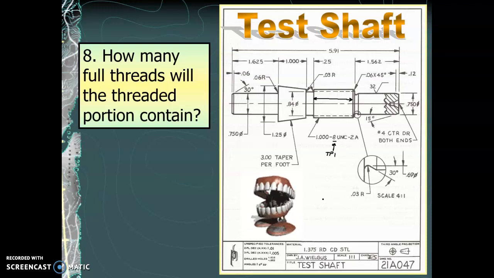We're going to have to take that overall length of 5.91, and subtract from it 1.625 and subtract 1.000 and subtract 0.25.